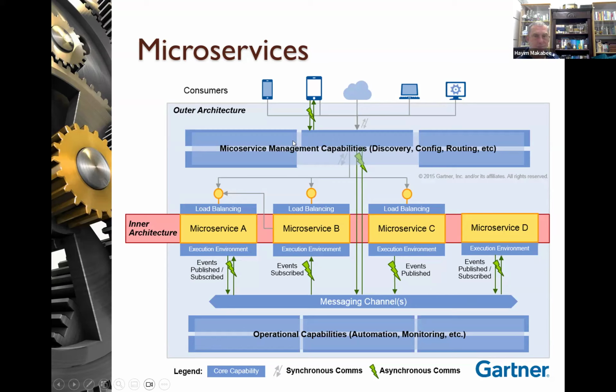And I can have many different messaging channels among the different applications and my microservices. I mean, one possibility is to have a REST API, which is a HTTP request, but there are other possibilities.